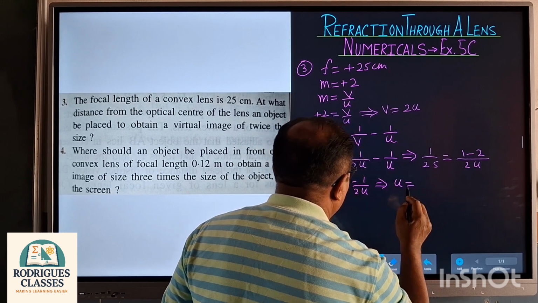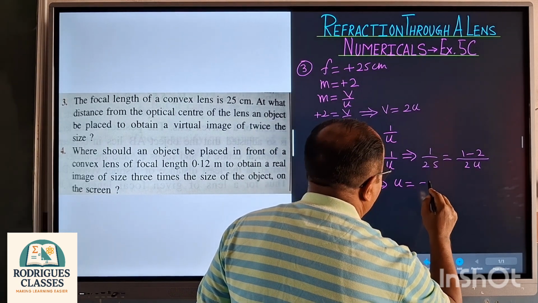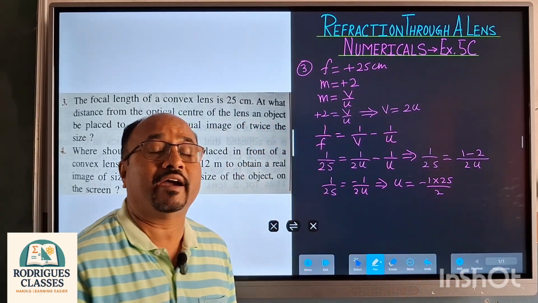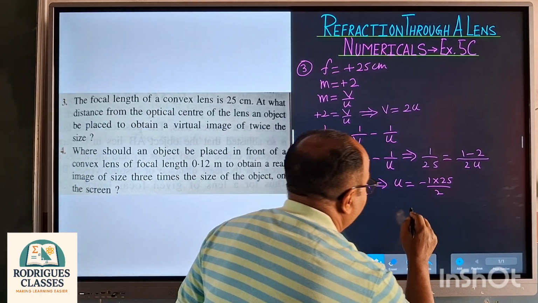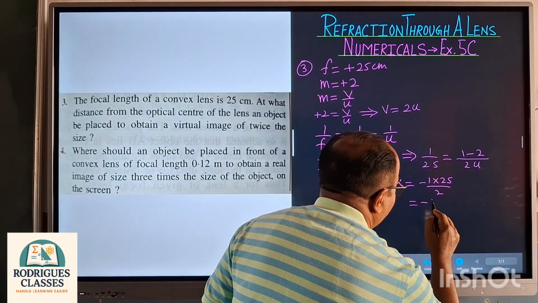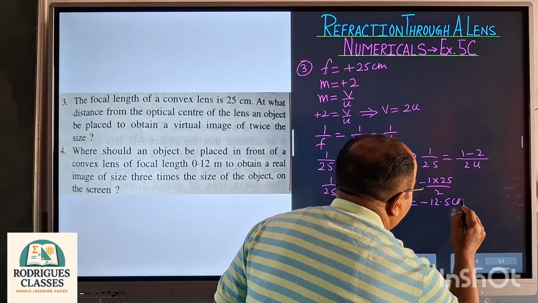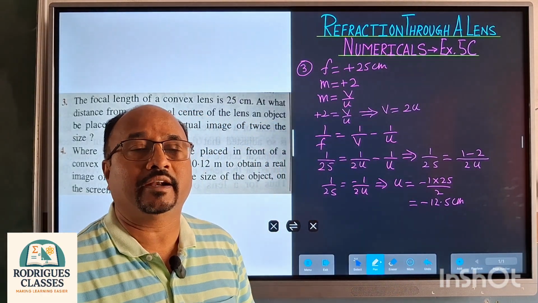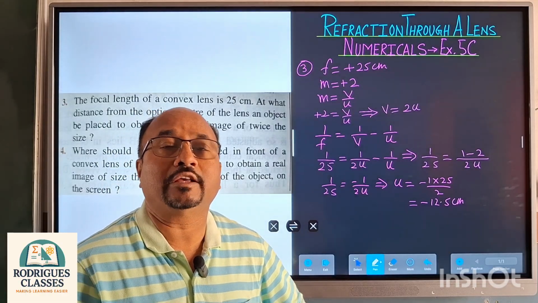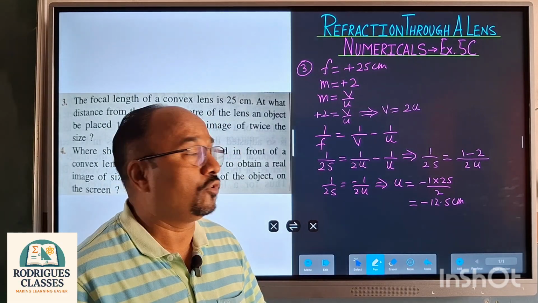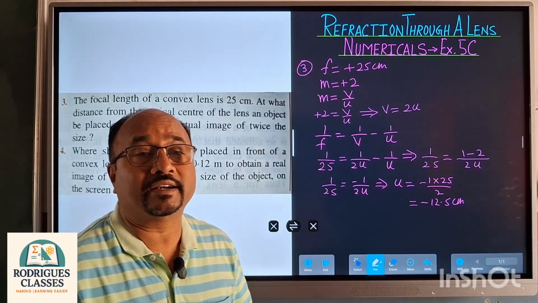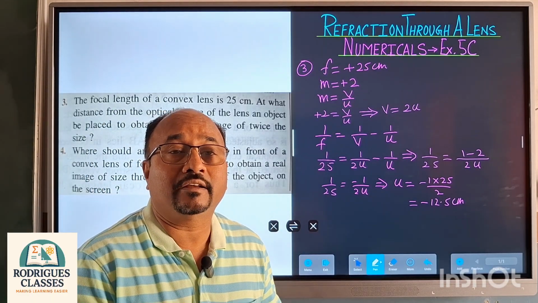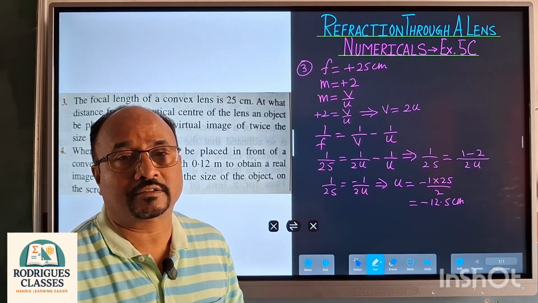So U will come as minus 1 into 25 by 2. 25 divided by 2 will give you 12.5, so you get minus 12.5 centimeter. Again, see that U has come in negative, so it means you are correct. U has to come in negative. So the object has to be placed at a distance of 12.5 centimeter. But where? In front of the lens.